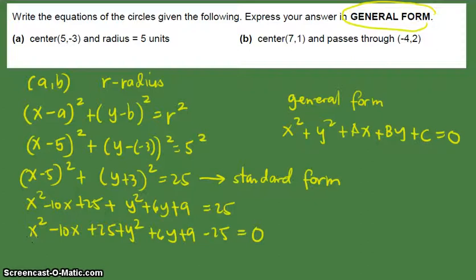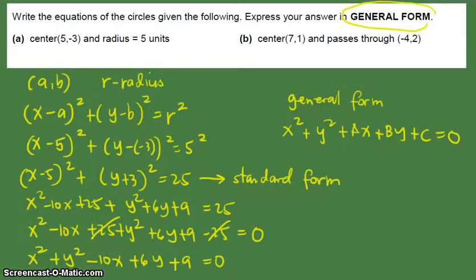For x², it's only x². For y², it's only y². So we can just copy x² + y². Then you go to the x, but this is just -10x, and you cannot see any other expression with the x, so we copy -10x. Then you have 6y, and you have 25 + 9 - 25, in which 25 - 25 is 0, so this is just + 9 = 0.